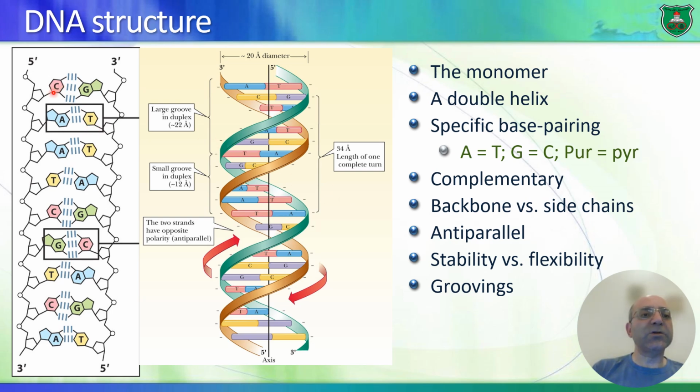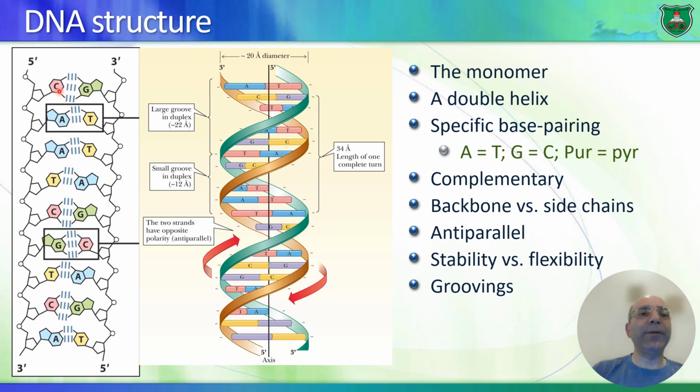Because of this very specific base pairing, note I'm using the word base pair. Each base pair consists of two bases or two nucleotides that are paired to each other by hydrogen bonds, and we say that they are complementary.